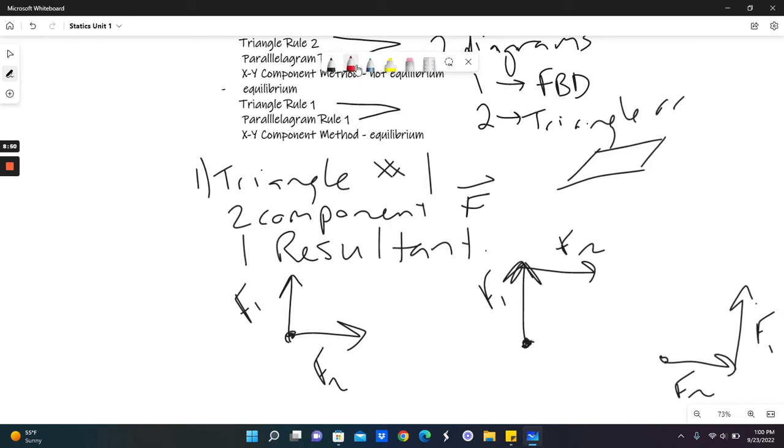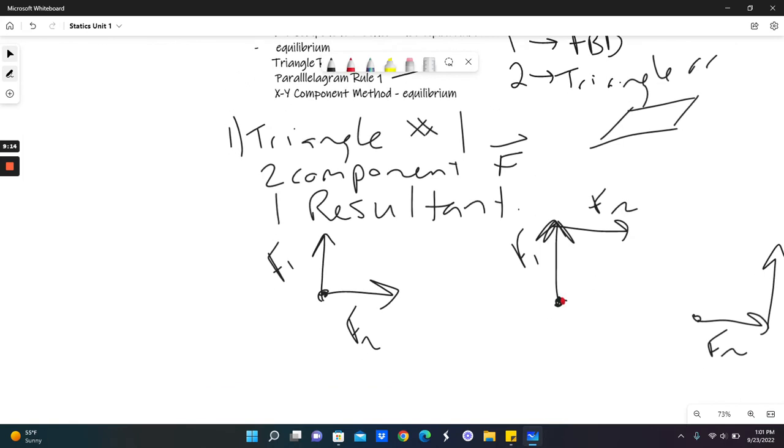Our resultant force is not going to be on our free body diagram, but it is going to be in our triangle. And it is going to oppose the direction of the other forces. So it is going to go from the tail of the first to the head of the second.